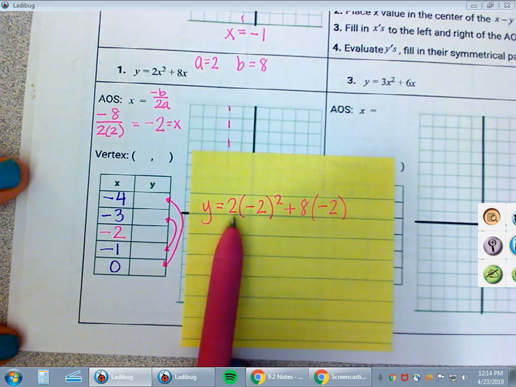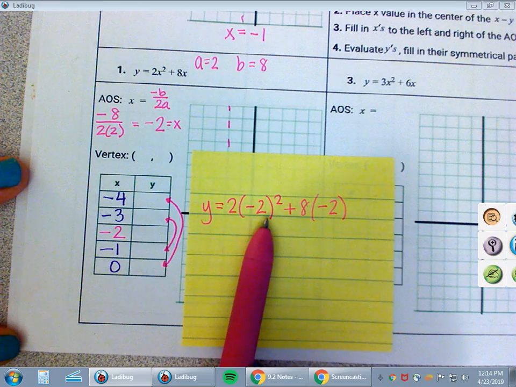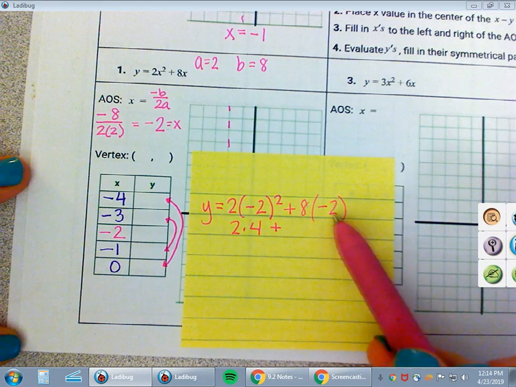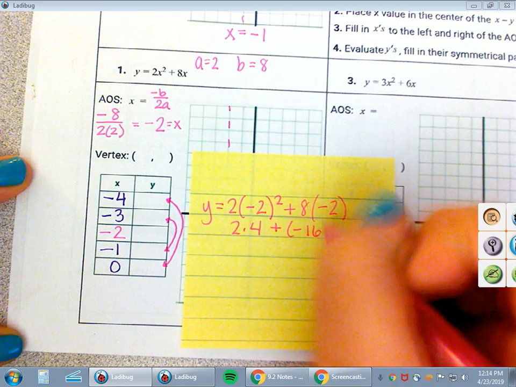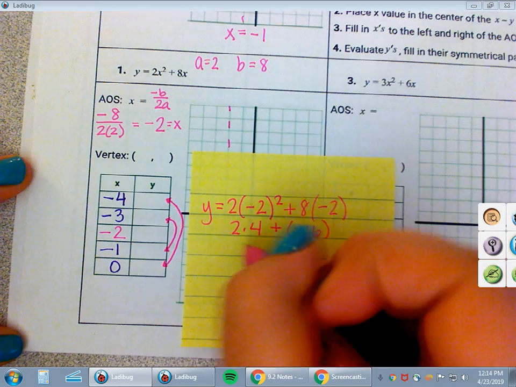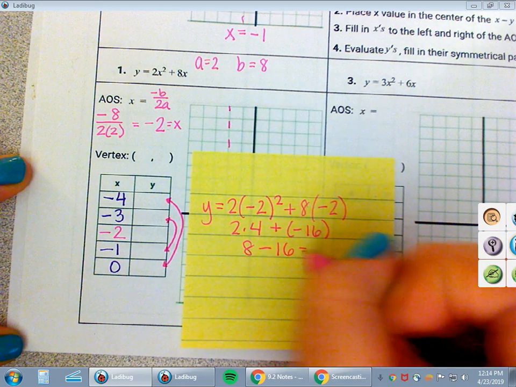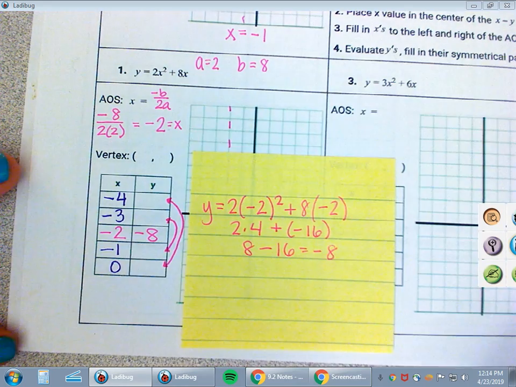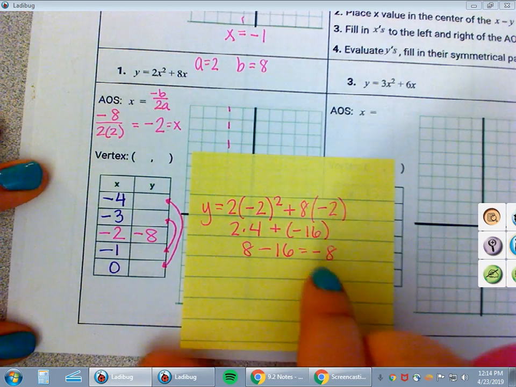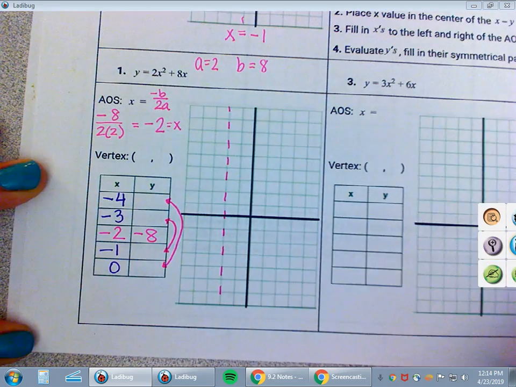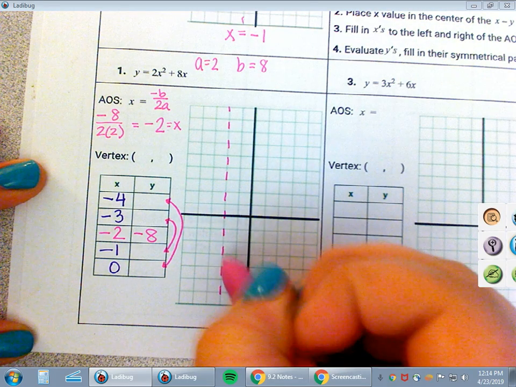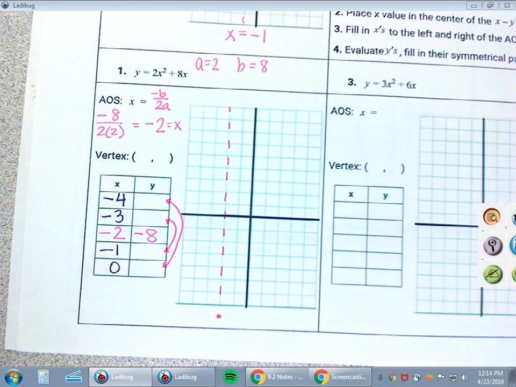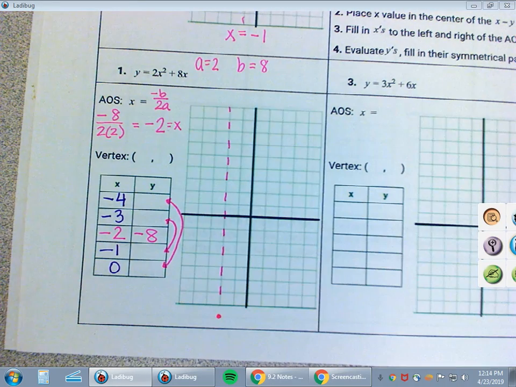So let's see. -2 times -2 is 4. 8 times negative 2 is negative 16. So we've got 8 minus 16 is negative 8. So we've got a vertex at negative 2, negative 8. Of course I went off the graph. Of course I did. Negative 2, negative 8.